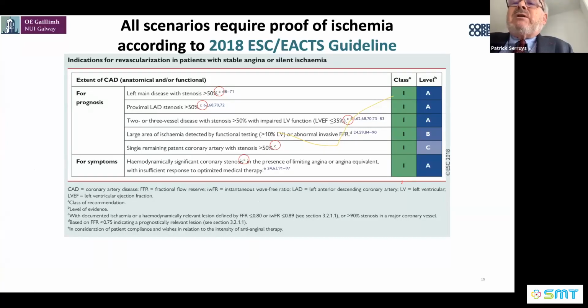In left main disease, in the proximal LAD, in two or three vessel disease, in the single remaining patent coronary artery, in hemodynamically significant coronary stenosis, in the presence of limiting angina or angina equivalent with insufficient response to optimized medical therapy, you should document ischemia.